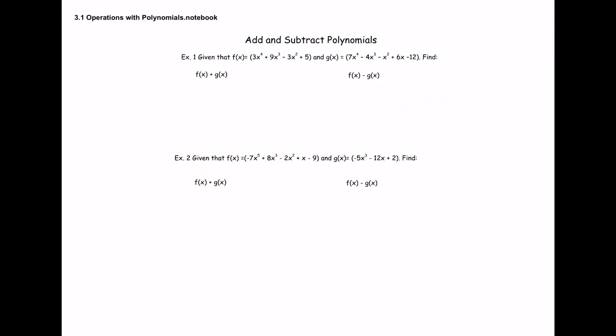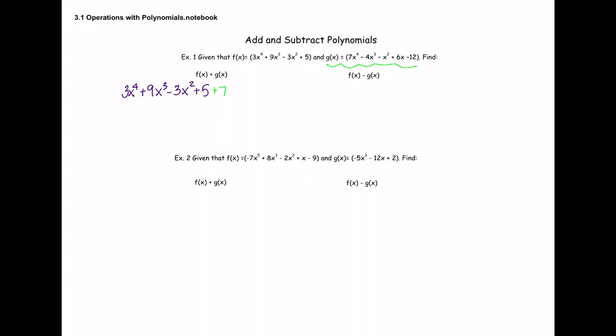Example number 1 says, given that f of x equals 3x to the fourth plus 9x cubed minus 3x squared plus 5x, and g of x equals 7x to the fourth minus 4x cubed minus x squared plus 6x minus 12, if we find f of x plus g of x, we are going to take the f of x polynomial, 3x to the fourth plus 9x cubed minus 3x squared plus 5, and we are simply going to add g of x.